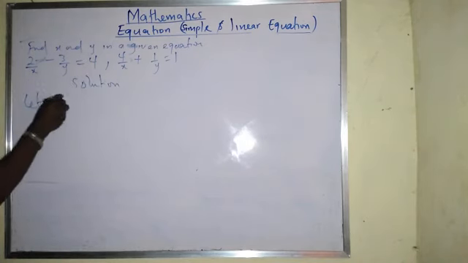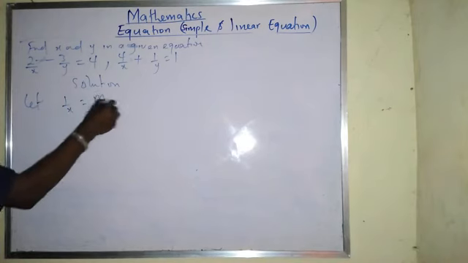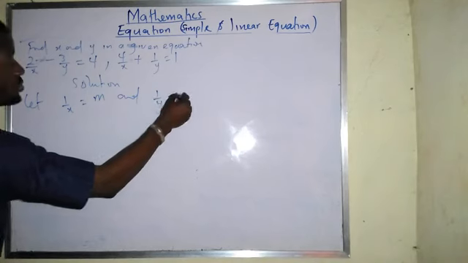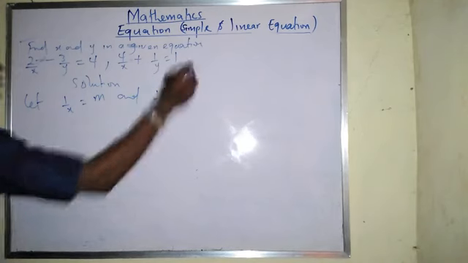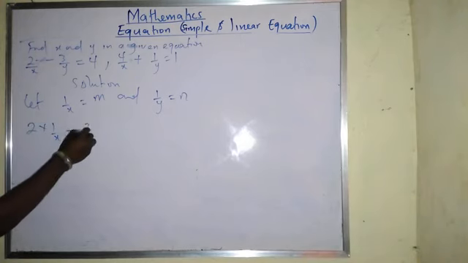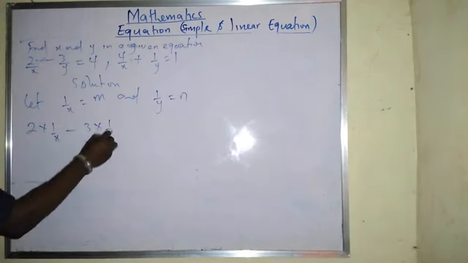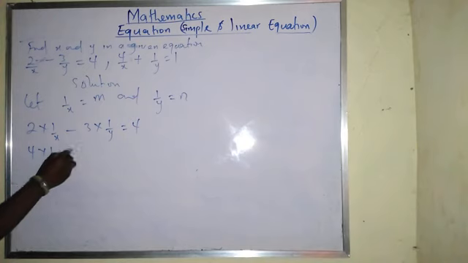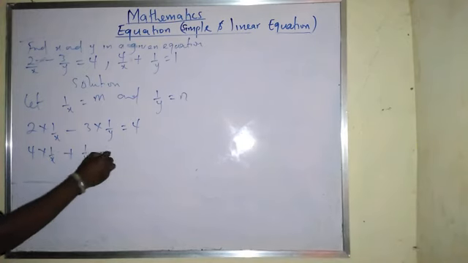Let 1 all over x equal m and 1 all over y equal n. By so doing this, I've solved my problem. It means 2 multiplied by 1 all over x minus 3 multiplied by 1 all over y equals 4, and also 4 multiplied by 1 all over x plus 1 all over y equals 1.